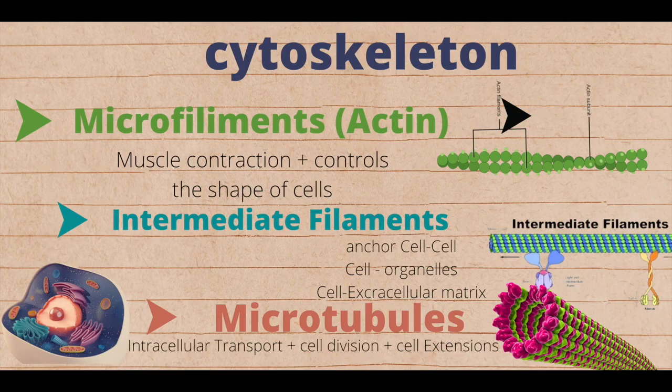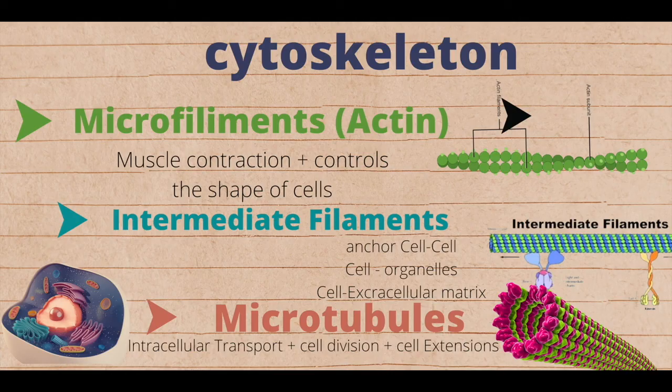So these microtubules have an important protein called motor proteins within them. These motor proteins are going to help with movement. So they help with intercellular transport, cell division, and cell extensions. This is how. First off, the microtubules are able to bind themselves and attach themselves to molecules.